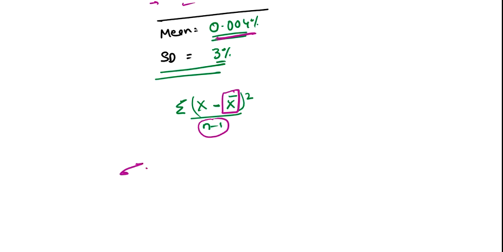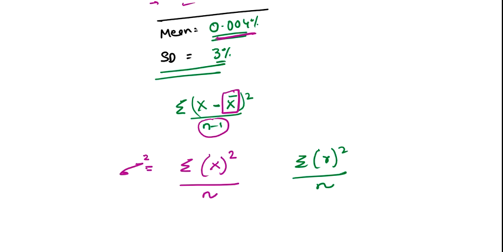So my calculation of variance is equal to the summation of x square by n, or in this regard you can say the summation of r square divided by n.